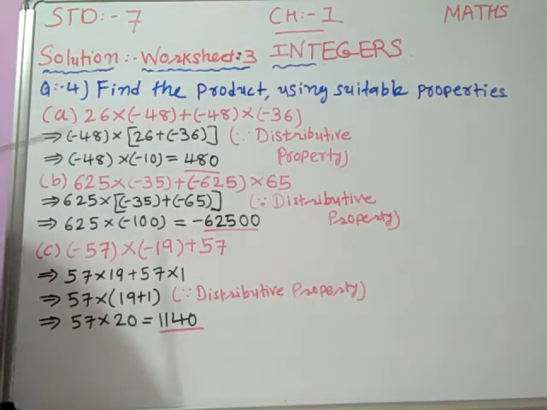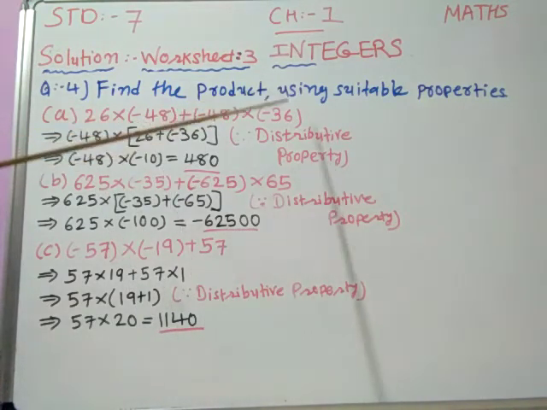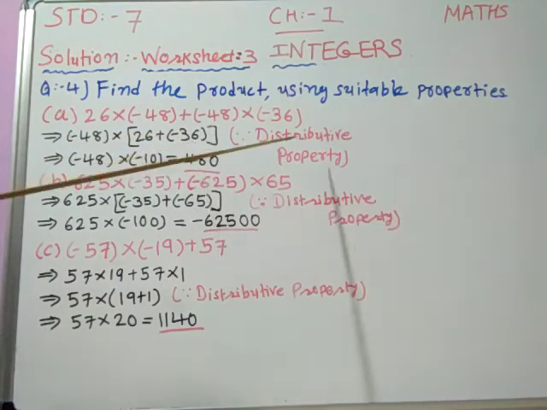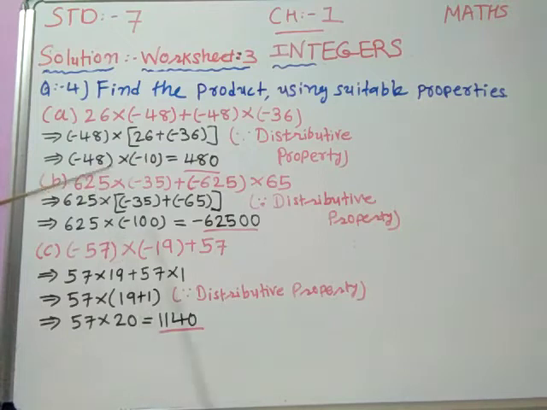So put minus 48 outside of the bracket. So minus 48 multiply 26 plus minus 36. It is called the distributive property. Now minus 48 multiply minus 10, because 26 plus minus 36 is a minus, and the sign will be of the bigger number. Now minus 48 multiply minus 10 is equal to 480.